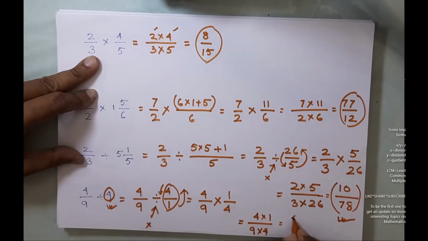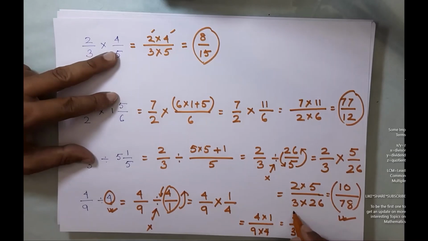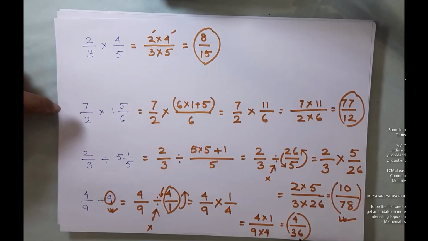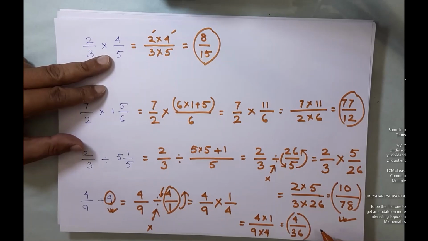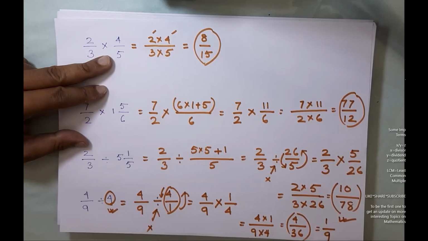So it will be 4 by 36. Now should I leave it here, just 4 by 36, as your answer? No, we have to change it to the lowest term. We have discussed in our earlier problems how to change a fraction to its lowest term. Please refer to those videos. Here I will directly give you the answer. Kindly do the same in your rough copy and revalidate with my answer. It will be 1 by 9, and that will be the answer.